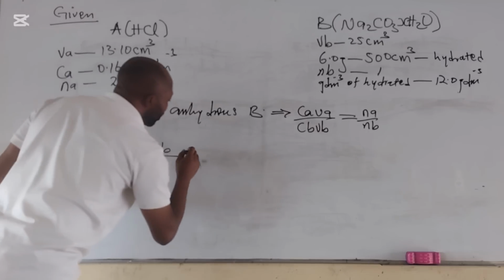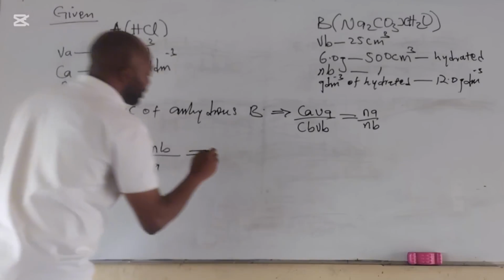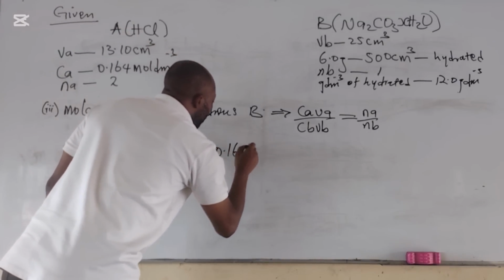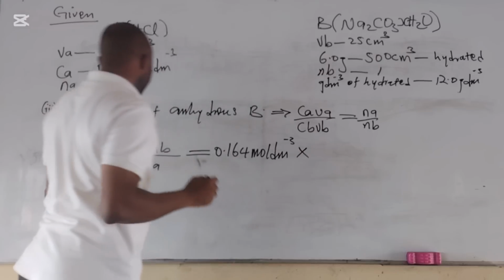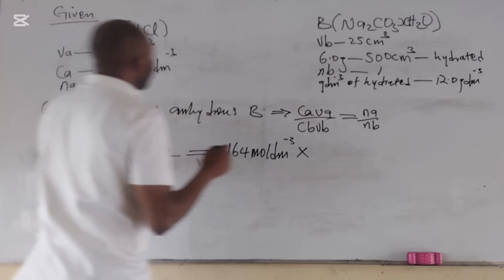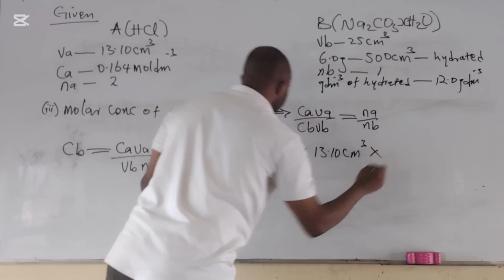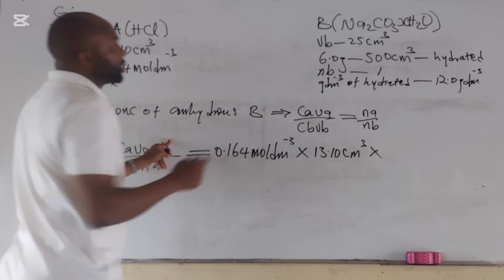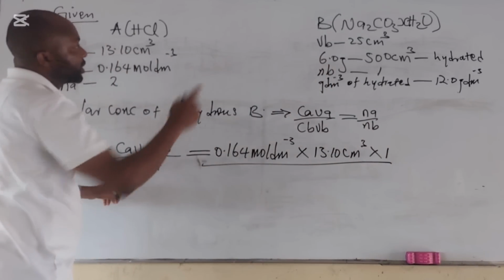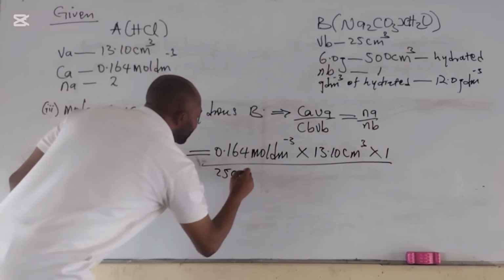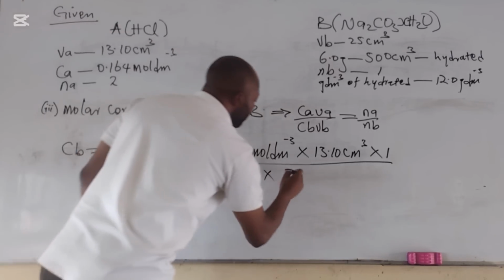And this is equal to, the concentration of the acid is 0.164 mole per dm3, times the volume of the acid is 13.10 cm3, times number of moles of the base is 1, all over the volume of the base is 25 cm3 times number of moles of the acid NA is 2.